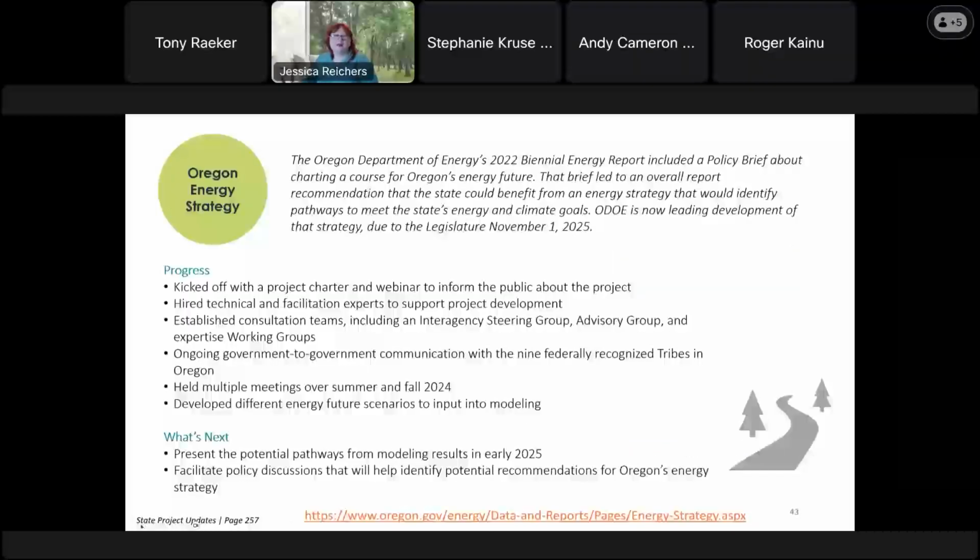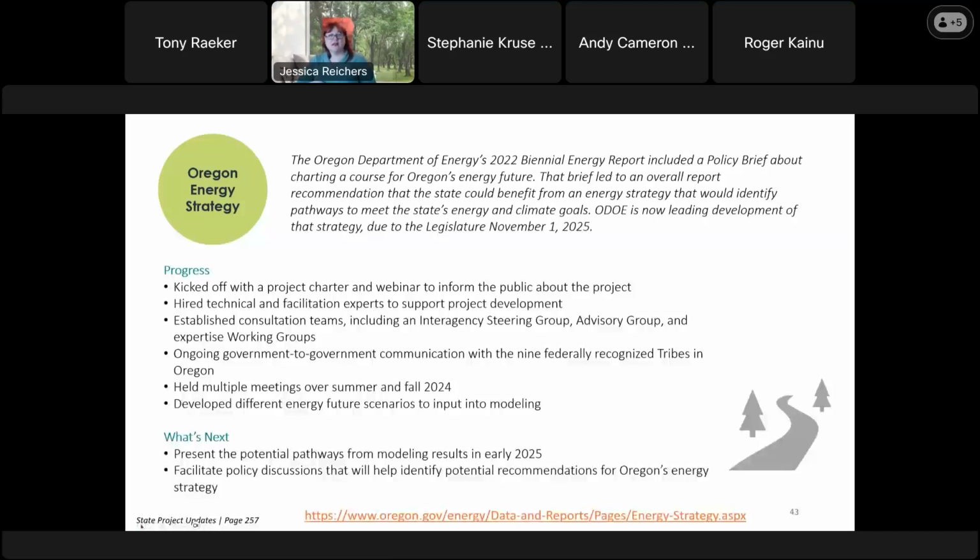And some of you may be familiar with our previous biennial energy report, which was published in 2022. In that report, Odo recommended that the state would benefit from an energy strategy to align policy development, regulation, financial investment, and technical assistance that would support an intentional transition to a clean energy economy.